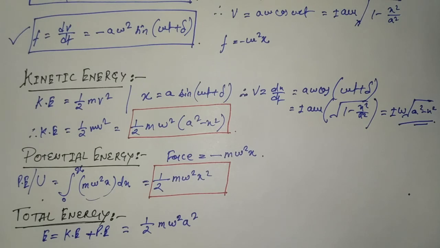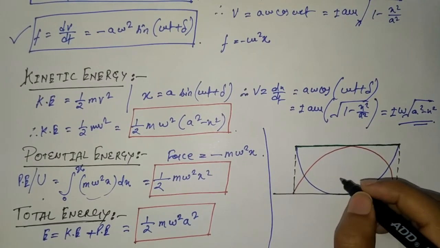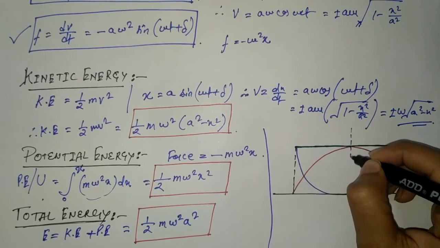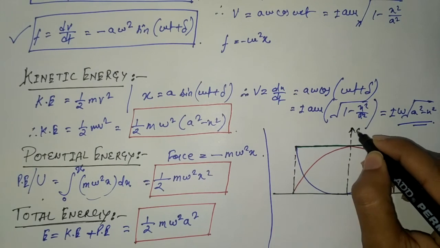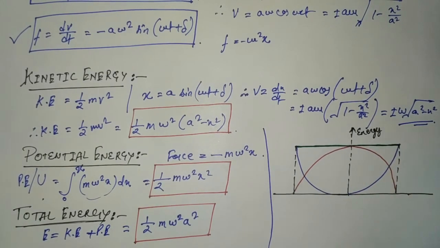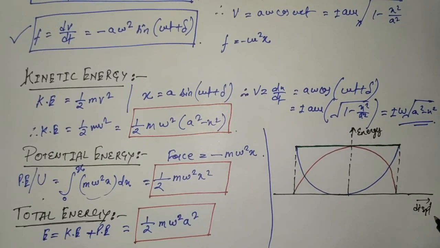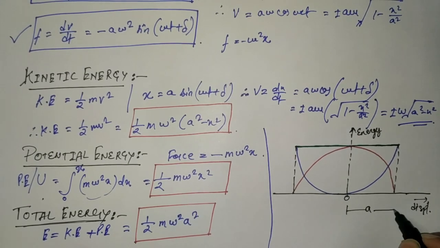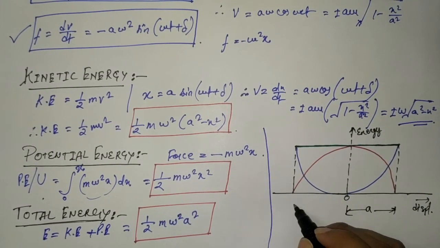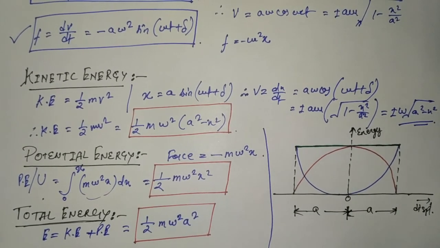Now I'll draw the energy distribution curve for SHM. From the diagram we will understand the energy. So if this is the axis for energy and here is the displacement, this is the origin position and this is A, the amplitude, and this is also A, the amplitude or the maximum displacement.